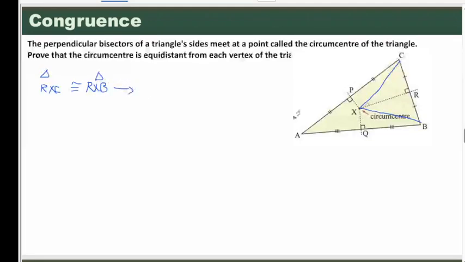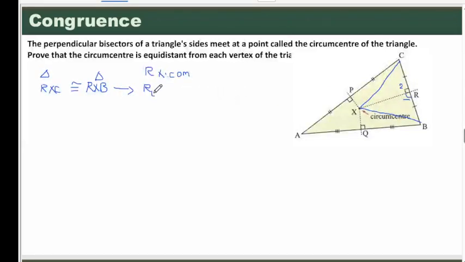To show it, first of all, I say RX equals RX, common. So RX is common, so I write an abbreviation of this word. It's common. And here R1 equals R2, so let me put 1 and 2.